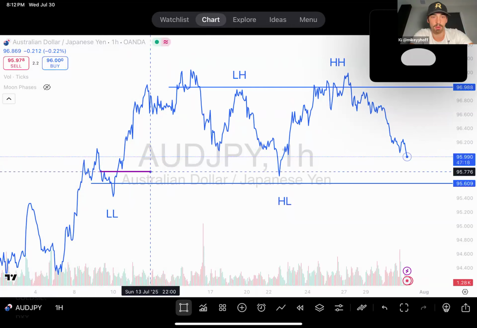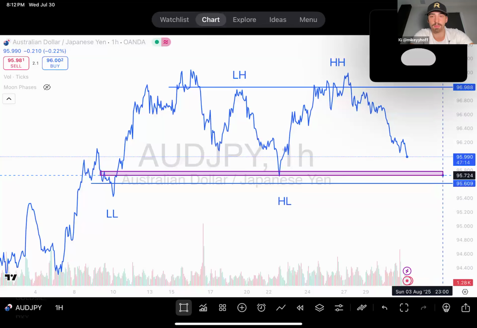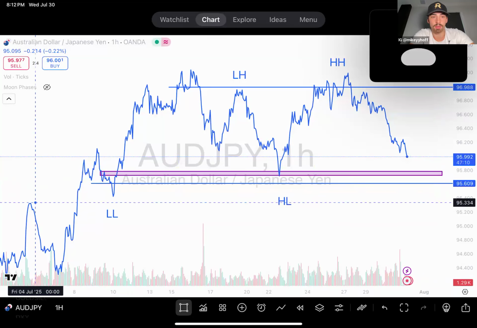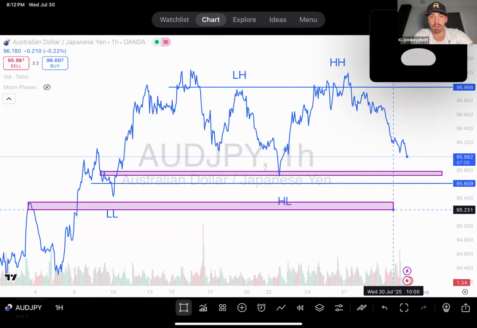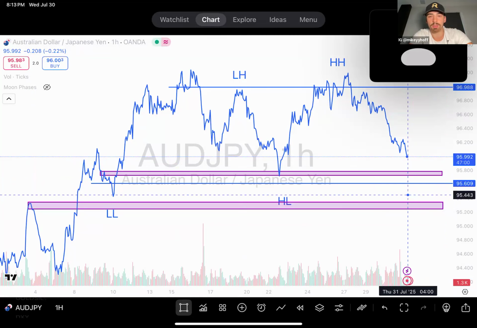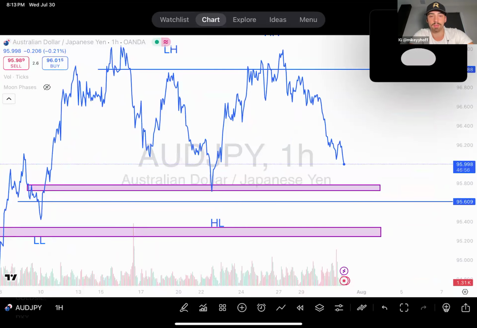We want to go a little bit lower. Then we have our zone right here, right? And then we can use this previous one back here, right? It is lower than the higher low, but we are still in an uptrend, so we don't want to trade against the trend, right?